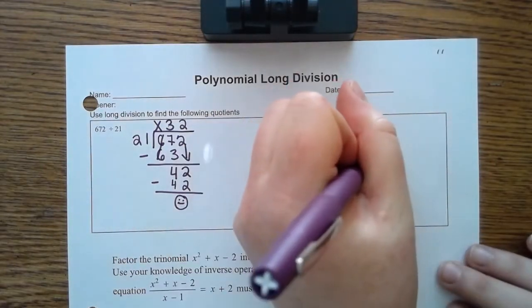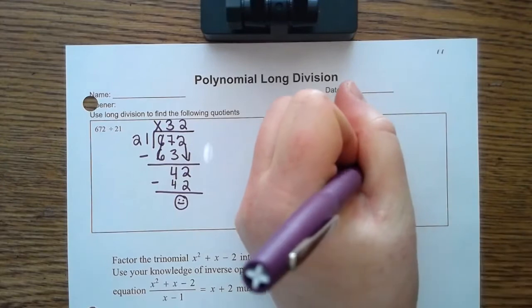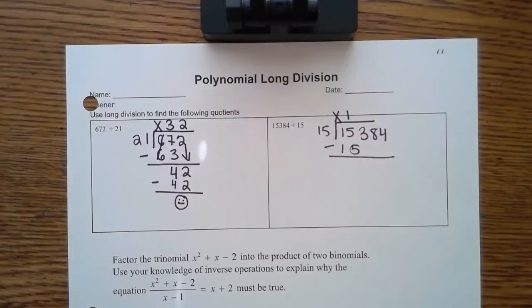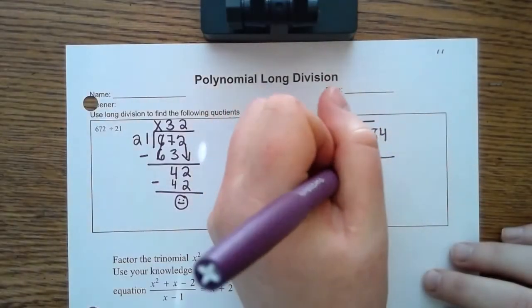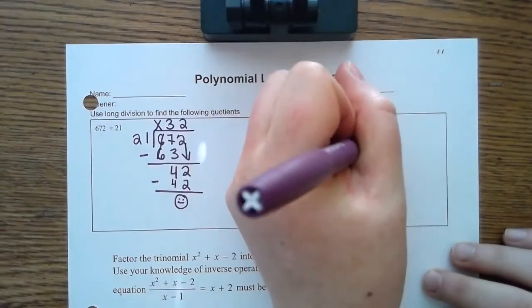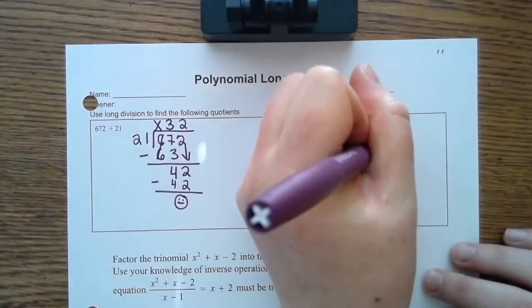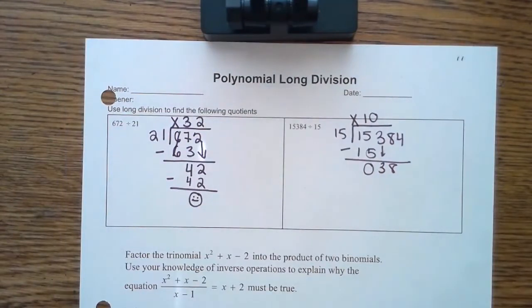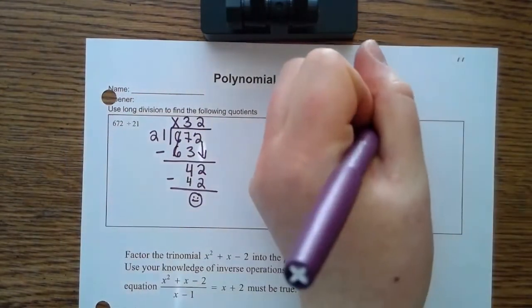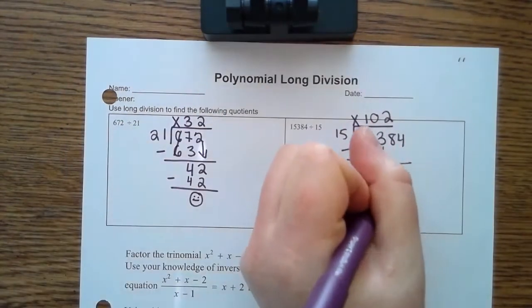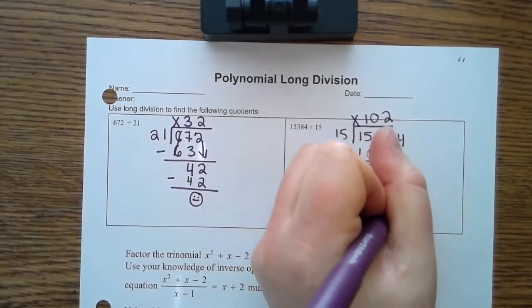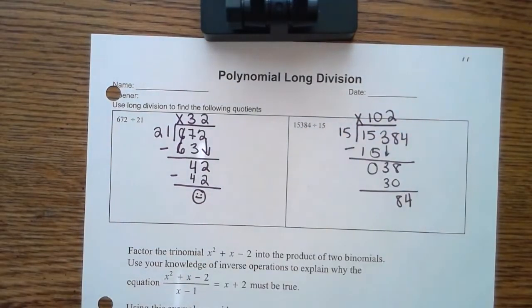So I bring down, so this ends up being 0, obviously. So I put a 0 here, and then I bring down this 3, and then I bring down this 8. And then how many times does 15 go into 38? So that's about 2 times. So then that's 30. And then I get just 8, and I got to bring down that 4.